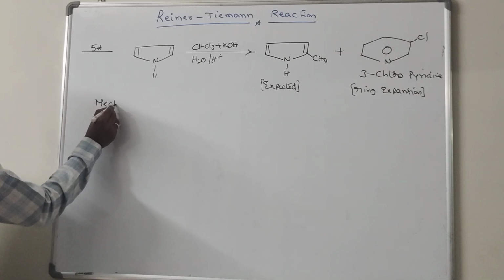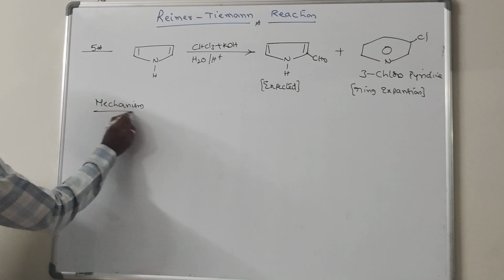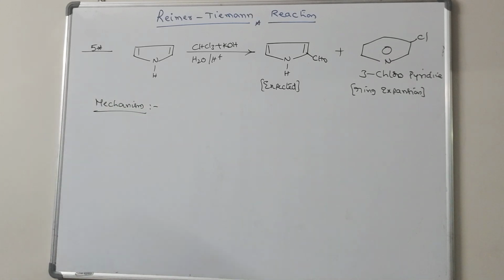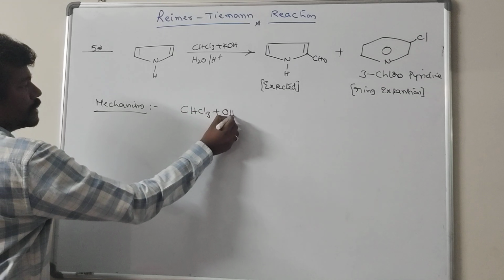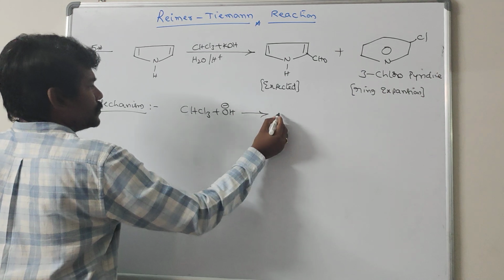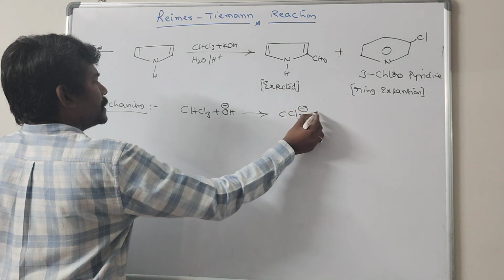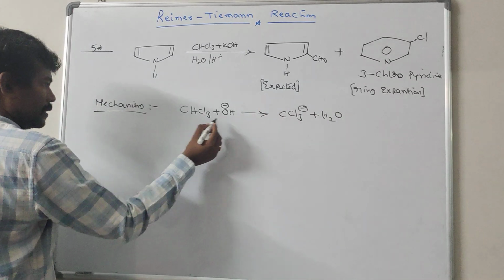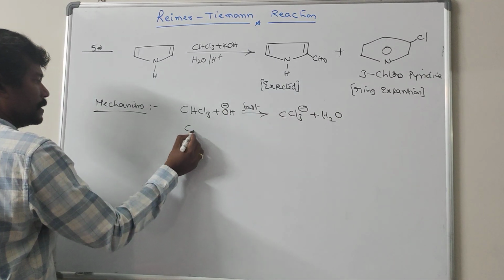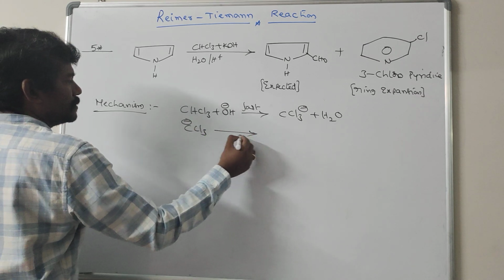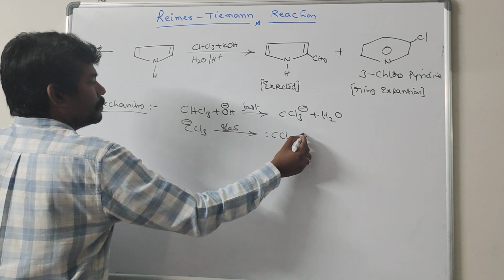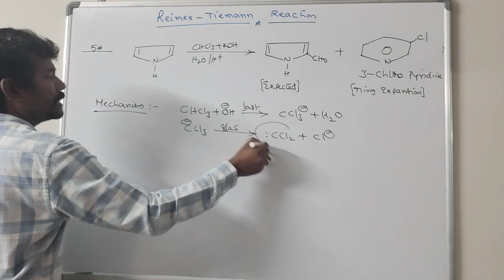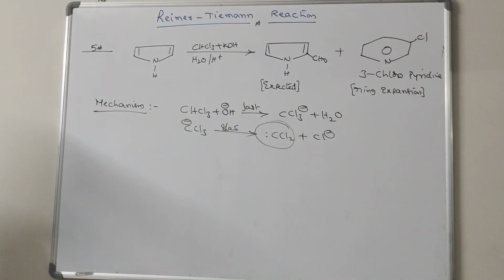So, the mechanism of the reaction, very important. CHCl3 plus OH minus gives rise to CCl3 minus plus H2O. This is a fast reaction. And CCl3 minus decomposes slowly into CCl2, dichlorocarbene, plus Cl minus. The reacting species is dichlorocarbene.